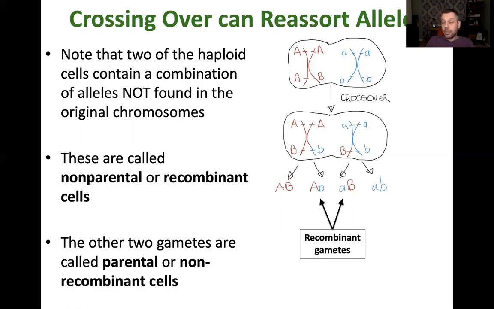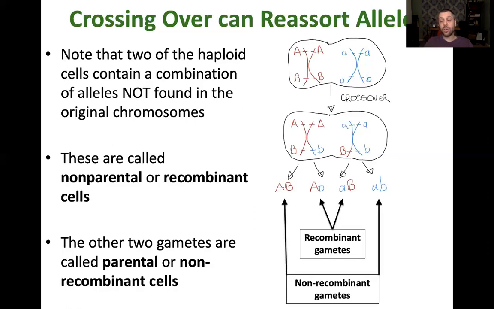And they're called recombinant because a recombination has taken place. That's the name for when you switch DNA from one chromosome to another. And then non-parental because they don't look the same as the parental gametes. The other two on the outside here are called non-recombinant gametes because they were not affected by a crossover event, and they're identical to the parental chromosomes or the parental gametes.